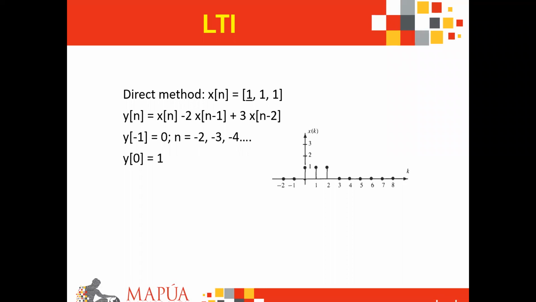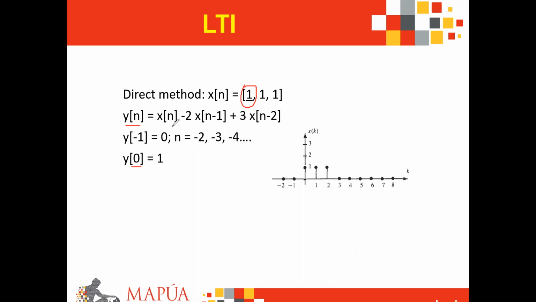So if we start off with y at 0, because we have a value at 0 which is equal to 1 given by our unit step here. All you have to do is substitute those values of x at 0 on this input-output relation to determine y at 0.